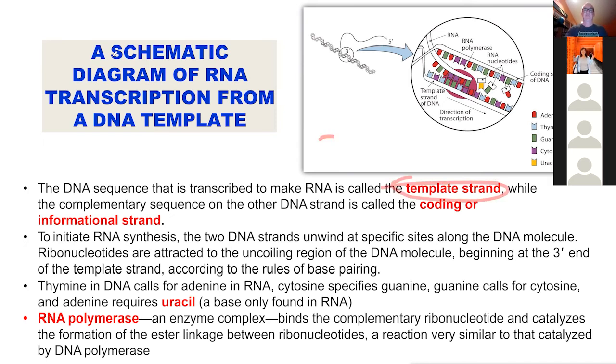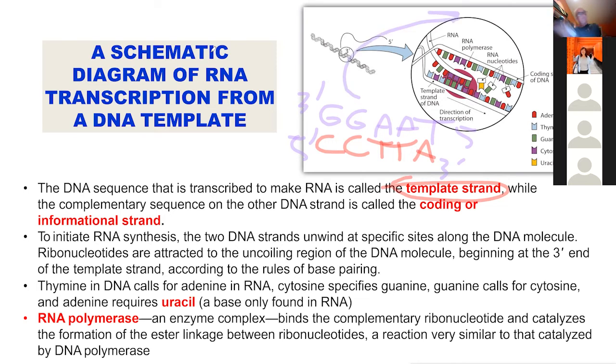So if the template strand goes CCTTA, the RNA that would be made from it would be GGAAT. So that would be the RNA strand going 5' to 3', and this would be the template strand going 5' to 3'. Then this RNA sequence would leave, go outside the nucleus, and do what it's going to do.